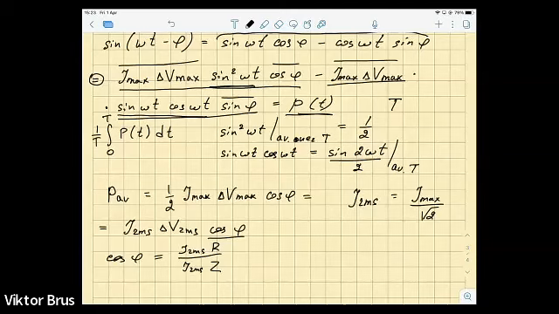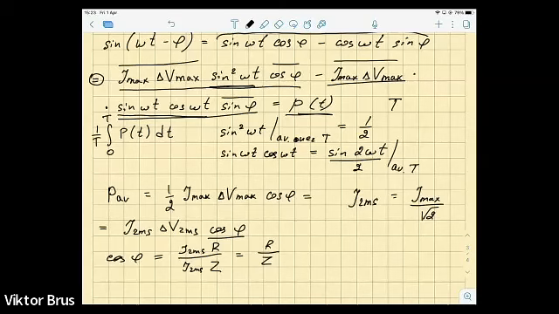So active resistance and total impedance of the electrical circuit. And eventually we get just the ratio between active resistance and total impedance of the AC circuit, assuming that we have also included a capacitor and inductor there.